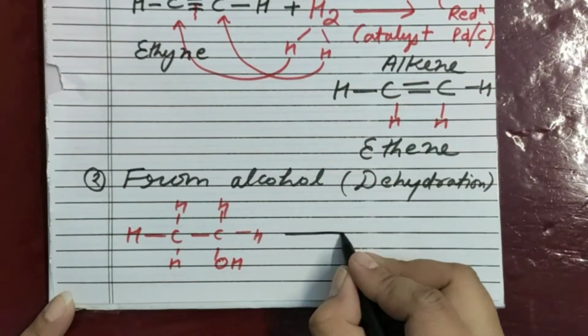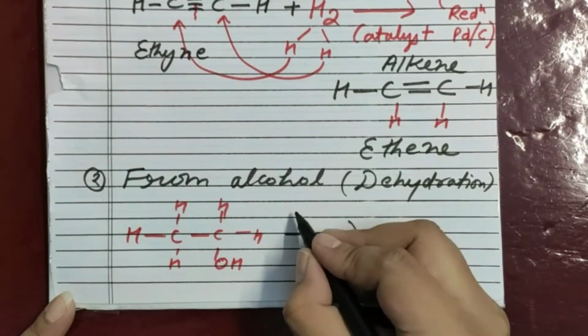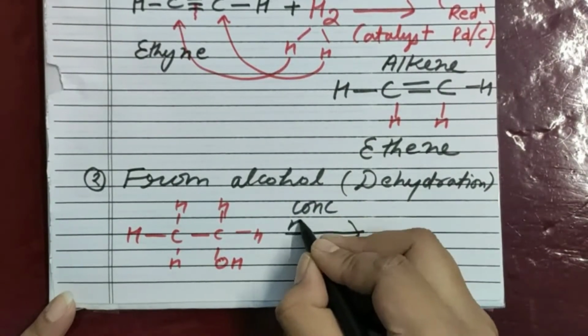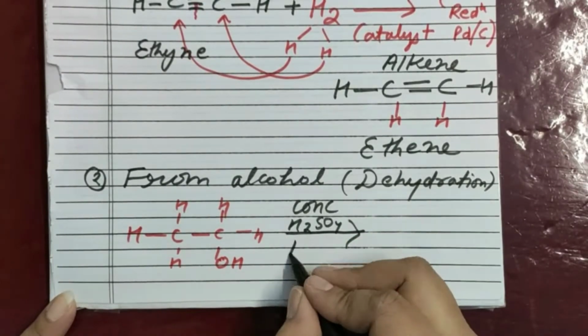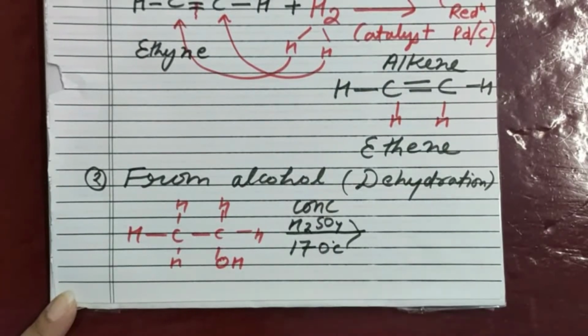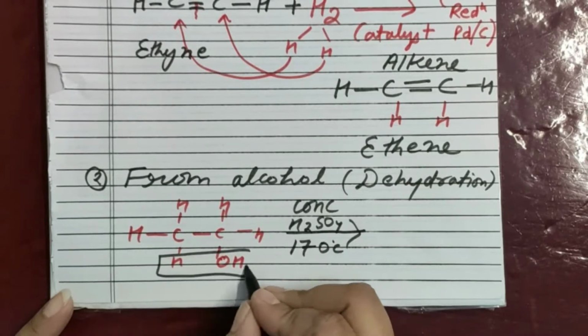And this dehydration is performed in the presence of a dehydrating agent like concentrated H2SO4, used as dehydrating agent at 170 degrees Celsius. If you want, you can also take phosphoric acid in place of sulfuric acid at 473 Kelvin. The function is to remove water from alcohol.